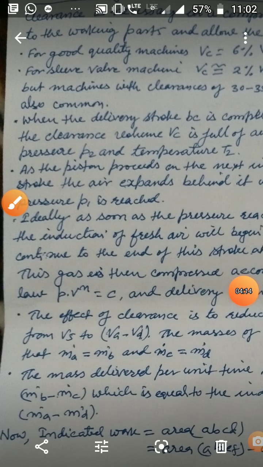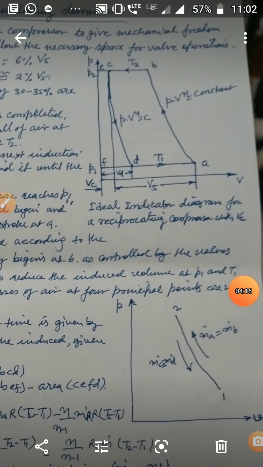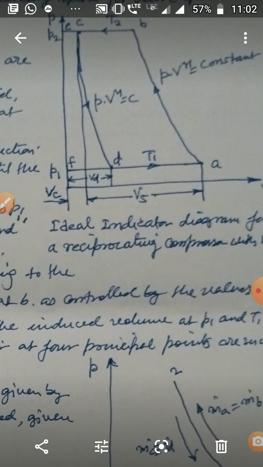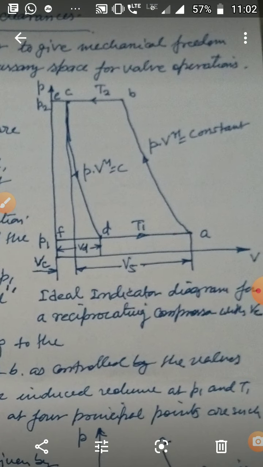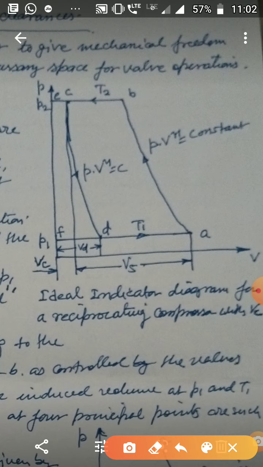Now we can see the pressure and volume diagram for the single stage reciprocating air compressor with the clearance volume. Here the cycle is shown with the 4 points A, B, C and D, and these 4 points are the principal points.